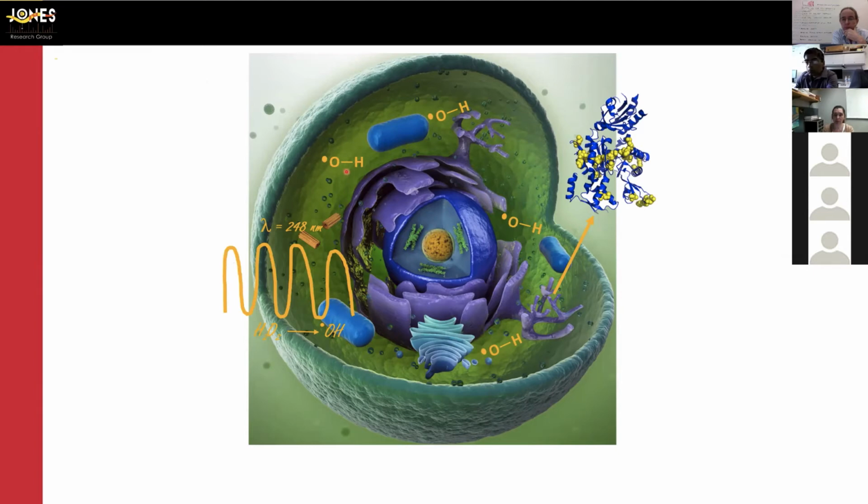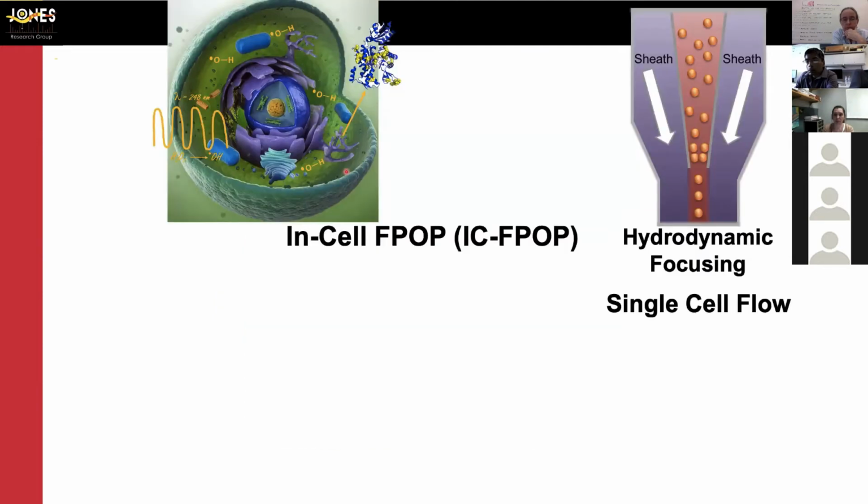And so there were a lot of modifications that we had to do to get this to work, actually. I'll just talk about one that we did, where we needed to develop a single cell flow system. So we still wanted to flow our cells past the laser aperture, but this is difficult with some cell types that like to clump together, and so they wouldn't have equal exposure to laser radiation.